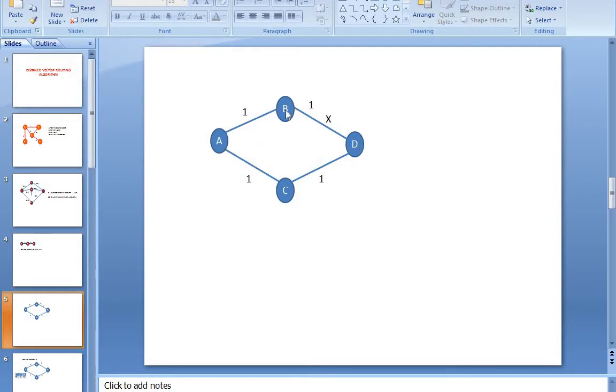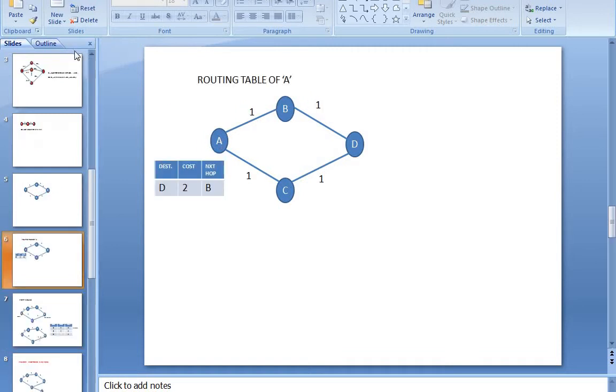This is router A, this is router B, this is router C, and this is router D. Now the source is A and the destination is D. When the data reaches the destination, this route will be completed, so it will be discarded, and the information related to this data transfer will be informed to router A, and according to that, router A will update its routing table.